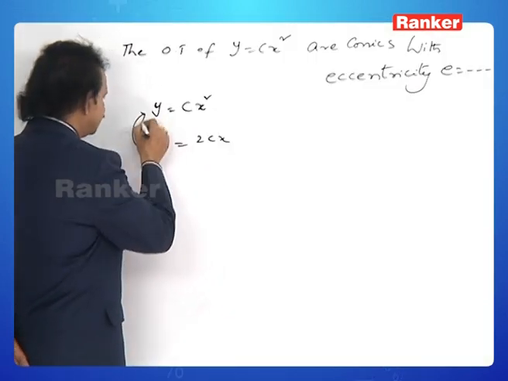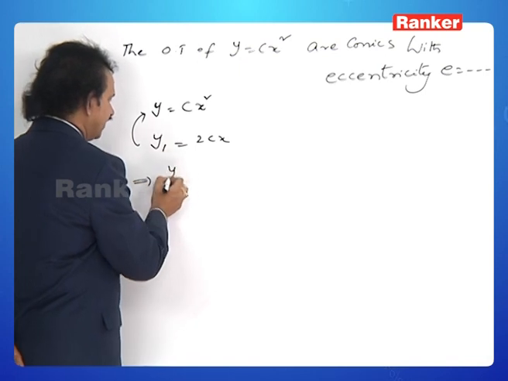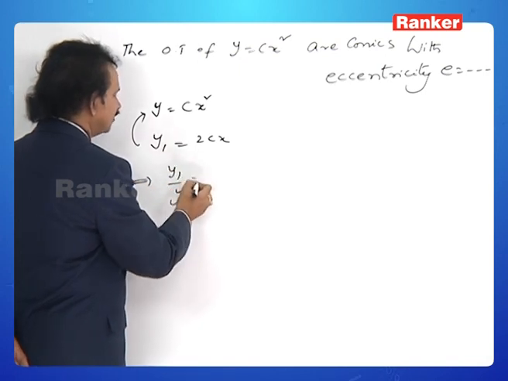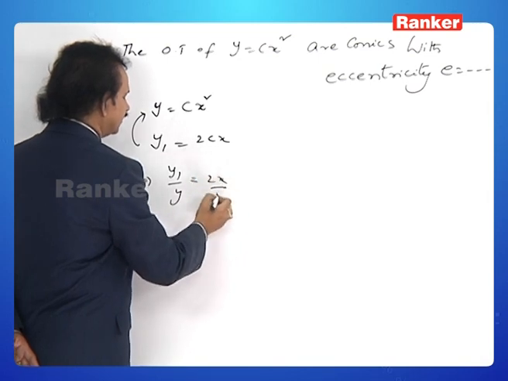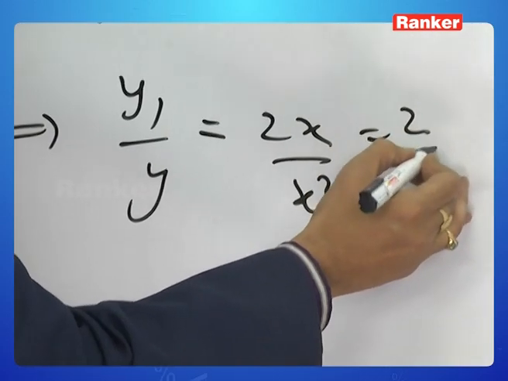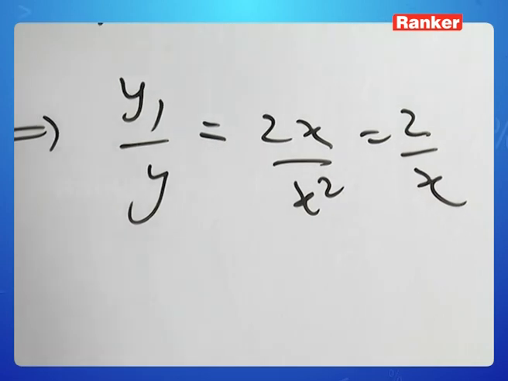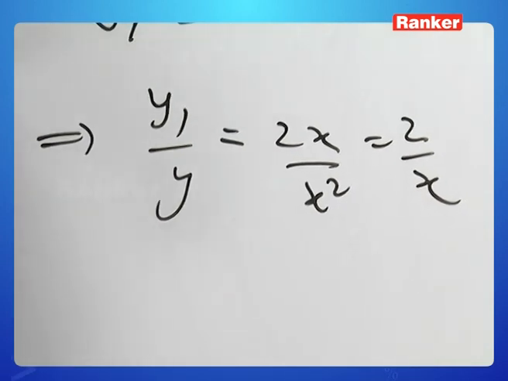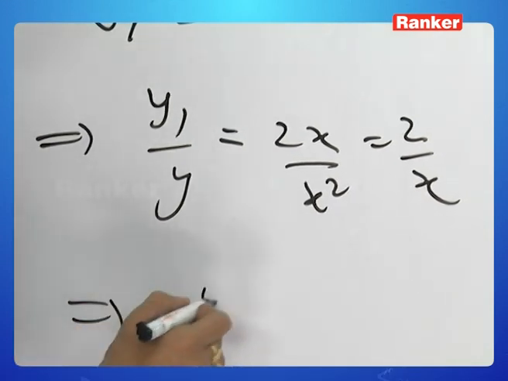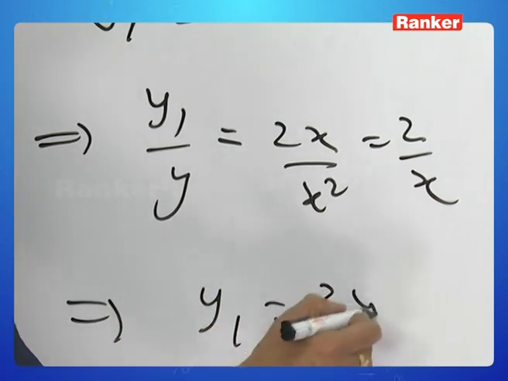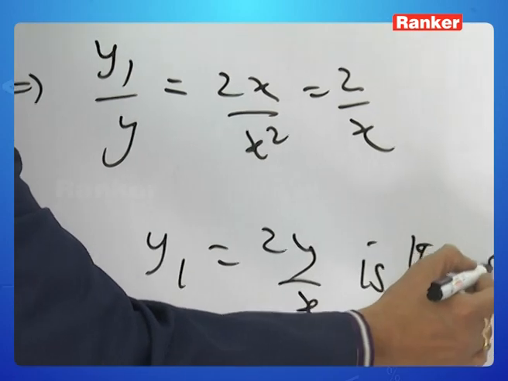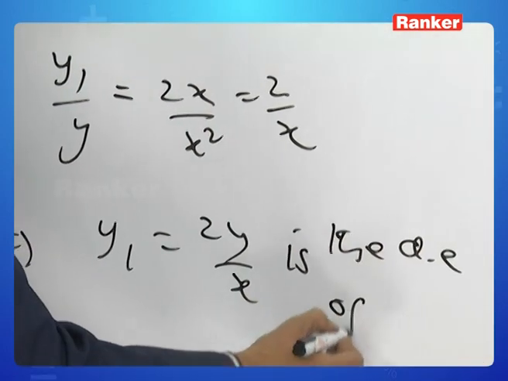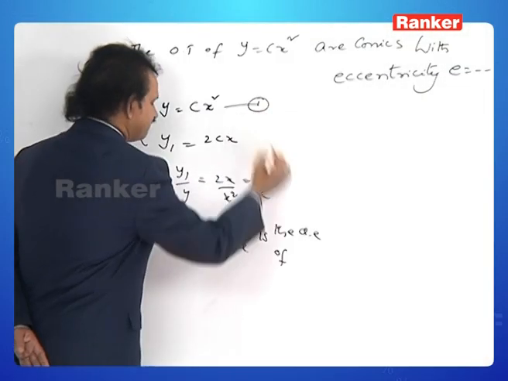This by this implies y1 by y is equal to 2cx by cx square, that is 2x by x square, which is 2 by x. So y1 is equal to 2y by x is the differential equation of the given family.